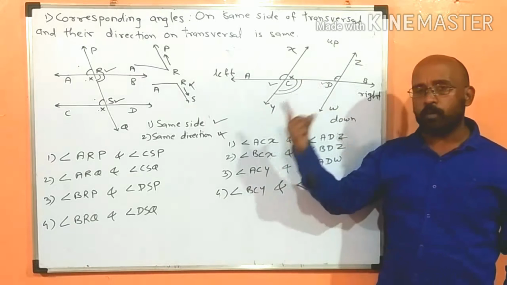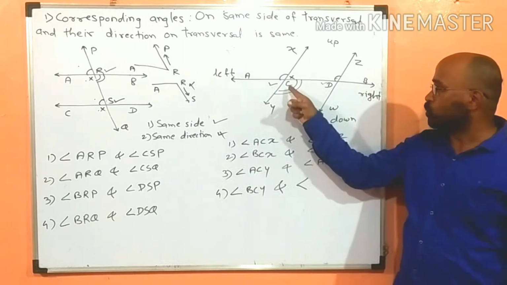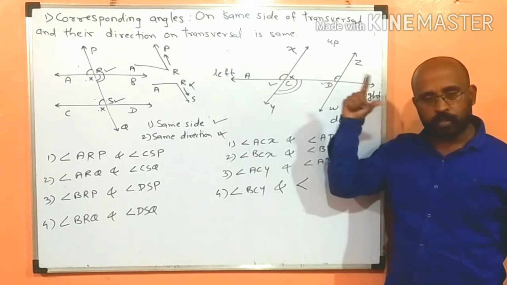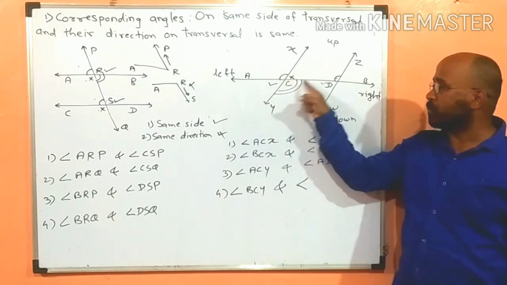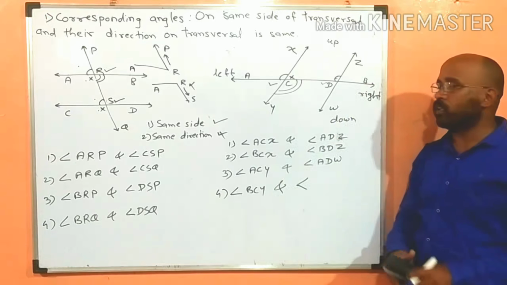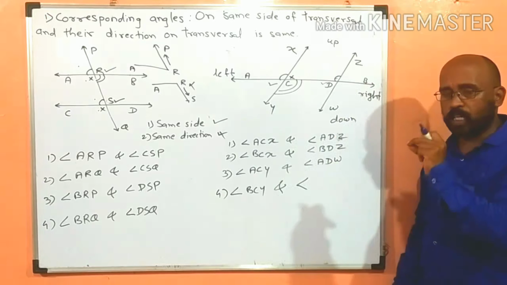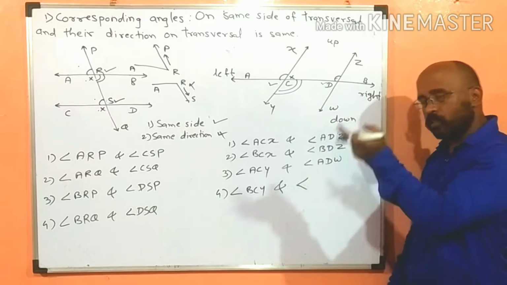Which part is part of transversal? Transversal is AB, so CB is part of transversal. Clear? What is the direction of CB? Right. So we have to look at the angle which has its arm on the transversal going towards right.